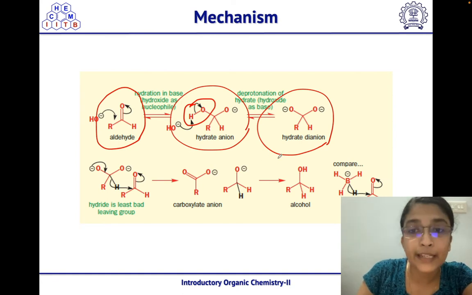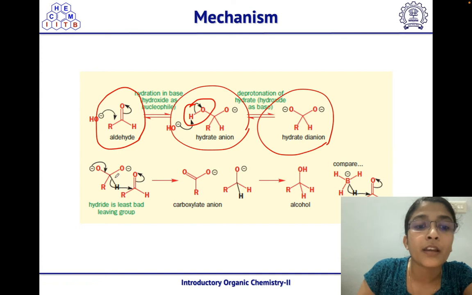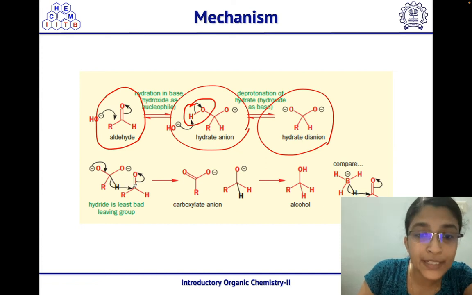Then this hydrate dianion will undergo addition with another aldehyde. The oxygen will push electron density like this and a hydride will add onto the aldehyde.